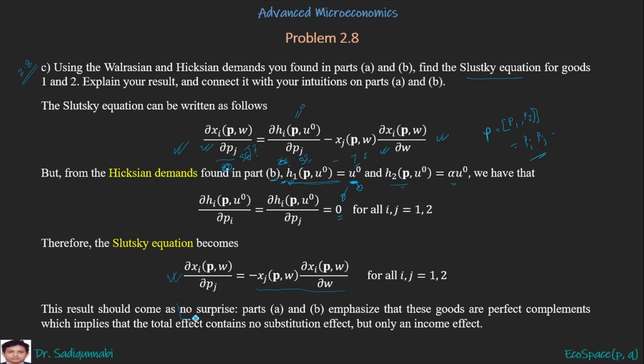Because these goods are perfect complements, implying that the total effect contains no substitution effect. So our substitution effect is equal to 0, and the total effect is the income effect. That's why, because the two goods are perfect complements, no substitution is there.